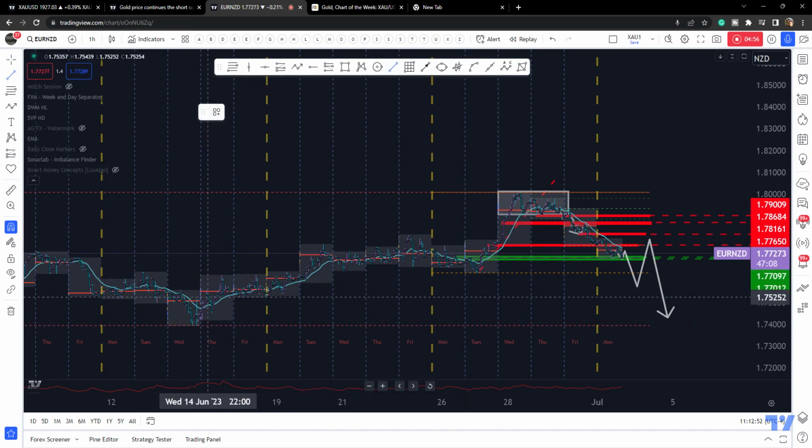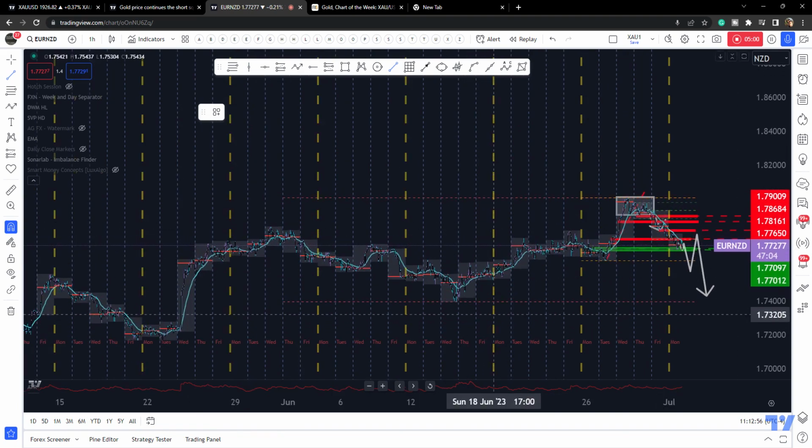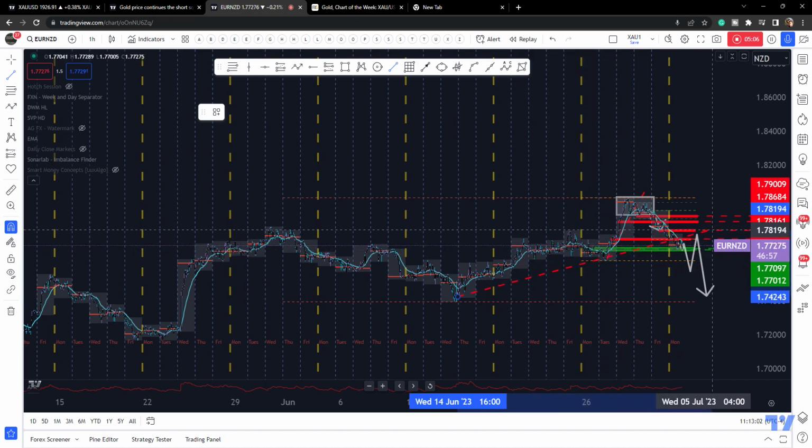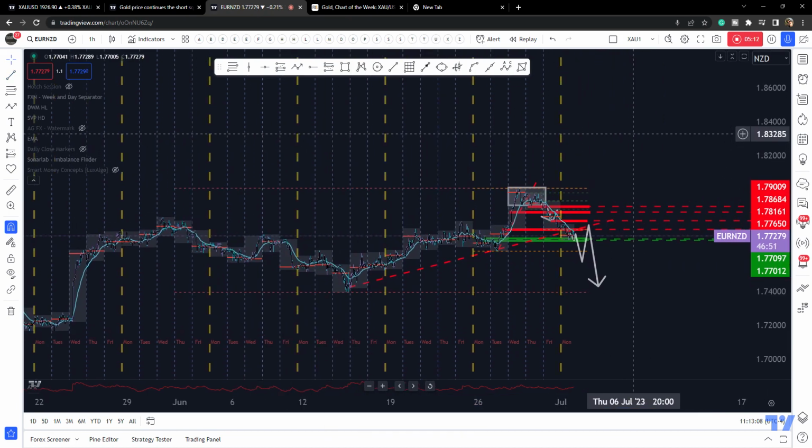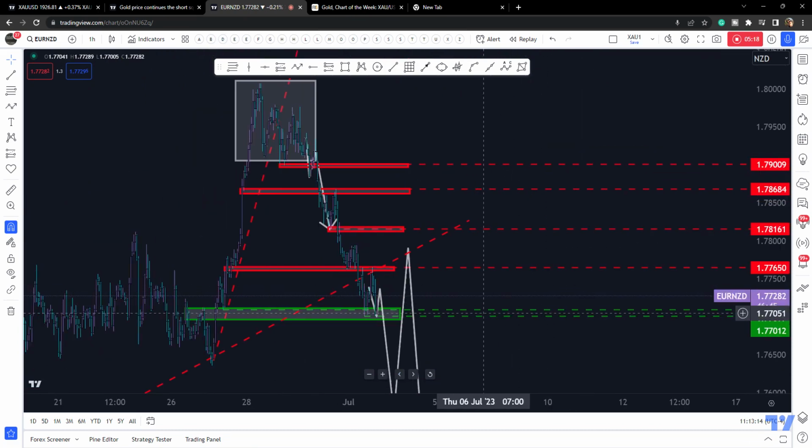Went sideways, didn't work out that. So sort of we're on the cusp of a breakout to the downside. Chart for you.